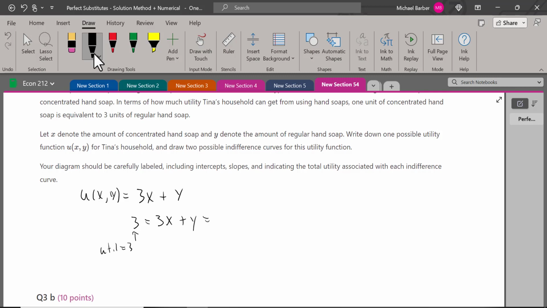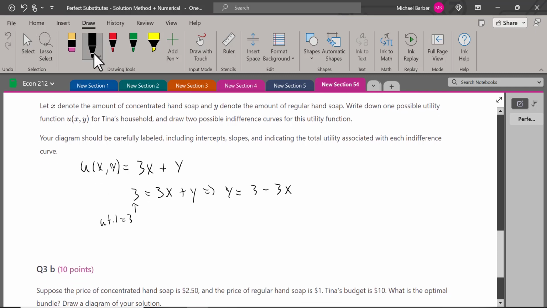And we can just rearrange this and we get y equals 3 minus 3x. We could figure out the one that gives her 6 utility. I'm just using these because I know the numbers are going to work out nicely. Y equals 6 minus 3x.